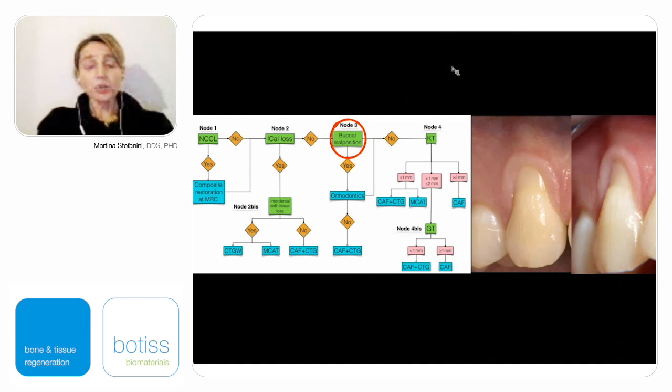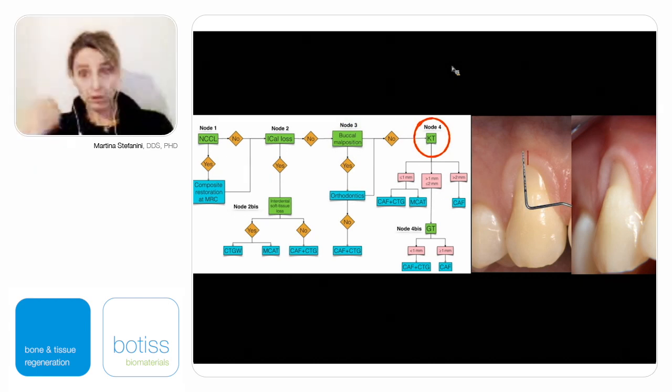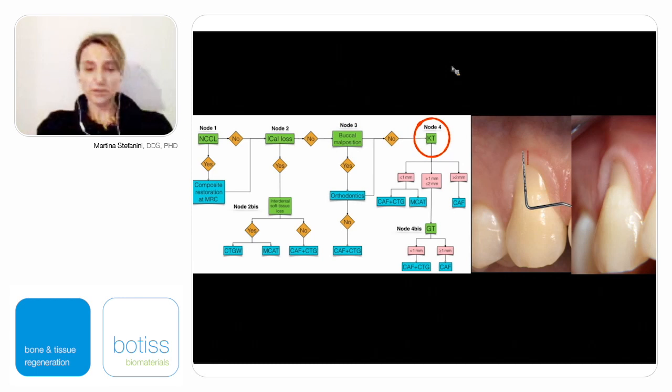And then we have to evaluate the buccal position of the tooth that we are going to treat, and in presence of a small buccal malposition, we can go to the evaluation of the most important anatomic aspect in the treatment of gingival recession, that is represented by the amount of keratinized tissue that we have apical to the gingival recession.